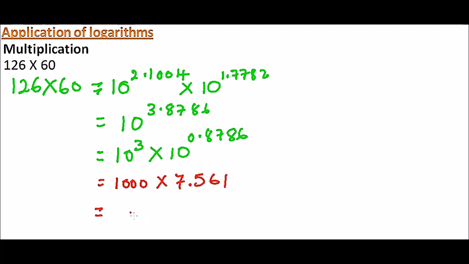So when you multiply by 1000, you get 7,561. So that is the product of 126 multiplied by 60. We have applied the logarithm to multiply these two numbers.